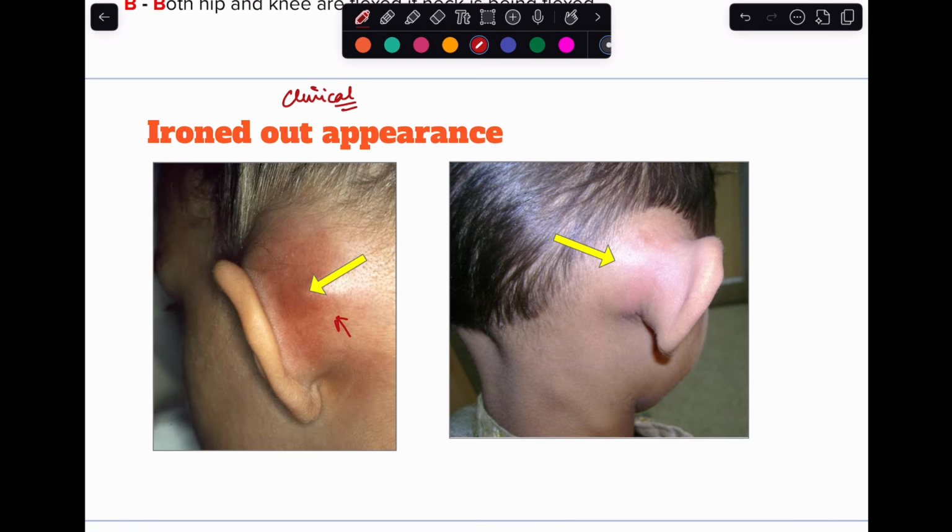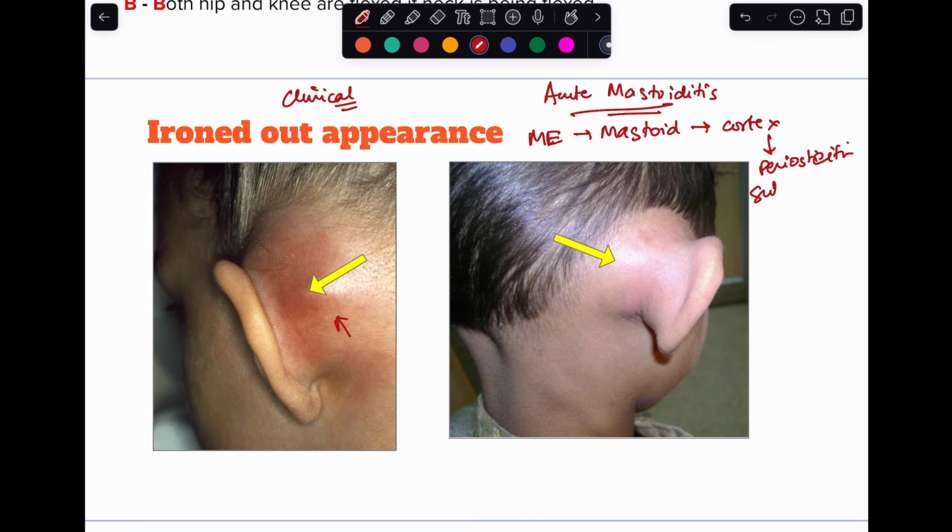But what happens in case of acute mastoiditis? Acute mastoiditis is where we see the ironed out appearance of the mastoid. What happens in acute mastoiditis is the infection spreads from the middle ear to the mastoid cells. And then once it breaks through the cortex of the mastoid, it causes periostitis along with subperiosteal pus collection.